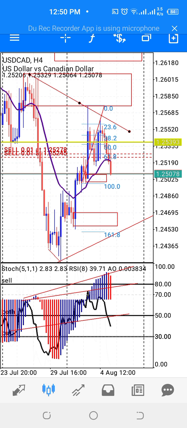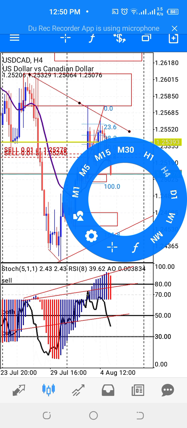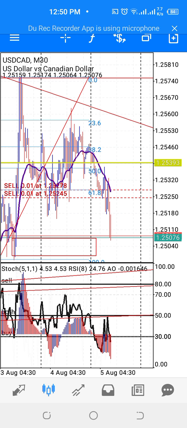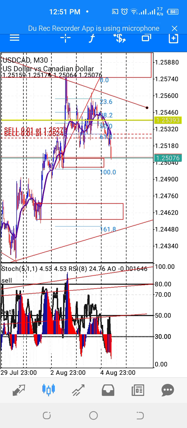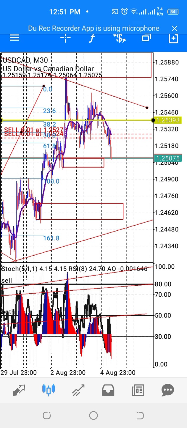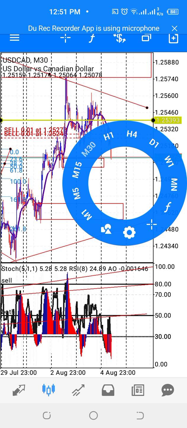So it was a kind of confirmation that I want to be selling in this market, and when the market came into that zone, the market had to go down from this supply area.